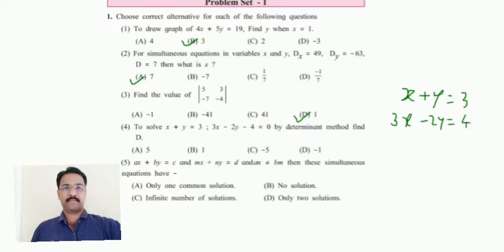Now as you know, in our Cramer's rule, what is our trick? We have to write 1, 2, 3. D means 12. So what about D here now? D means 12, which means we take the first column coefficients and then the second column coefficients. What will we get here now? 1, 3, and on this side 1, minus 2.